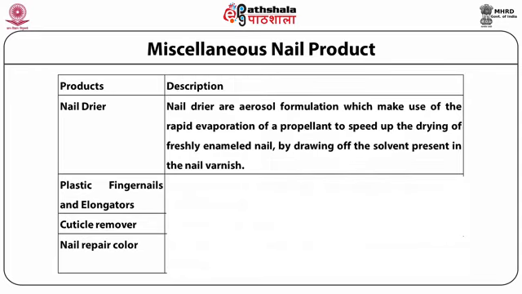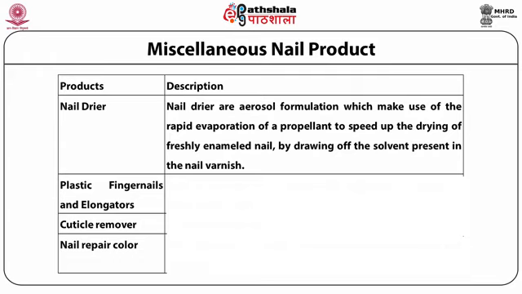Nail dryers are aerosol formulations which make use of the rapid evaporation of a propellant to speed up the drying of freshly enameled nails by drawing off the solvent present in the nail varnish. Sometimes drying is combined with the deposition of a transparent film of oil over the freshly applied enamel to reduce its tackiness and to prevent it from smearing if touched.